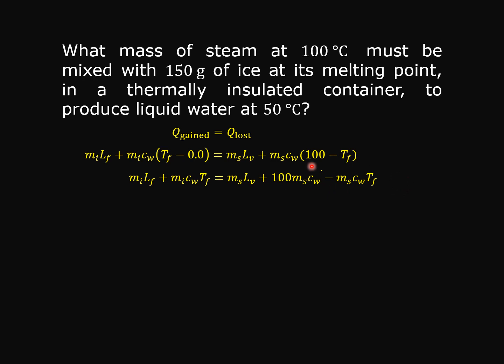So in total, three terms at the right hand side of the equality sign, where this one is 100 ms cw minus ms cw Tf. We factorize the mi at the left hand side of the equality sign, and also we factorize the ms at the right hand side of the equality sign.